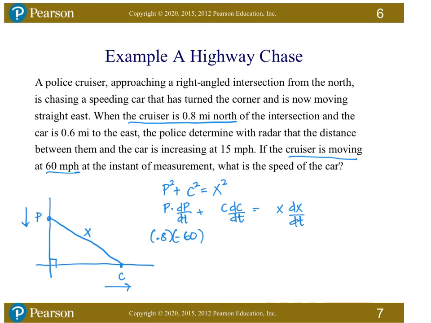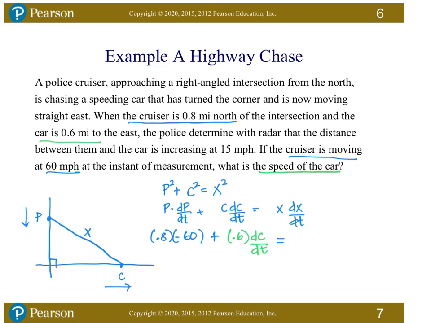All right, the car that they're chasing is 0.6 miles away. So we've got 0.6. dc/dt is unknown. That will be what we use to answer the question: what is the speed of the car?